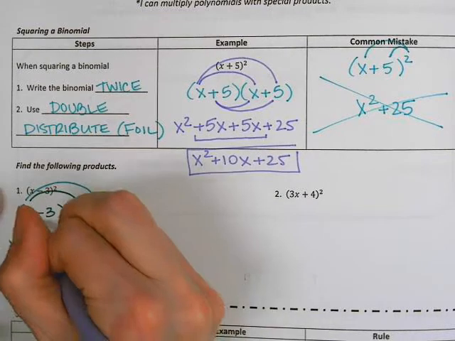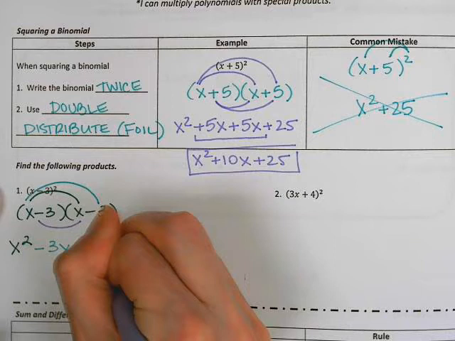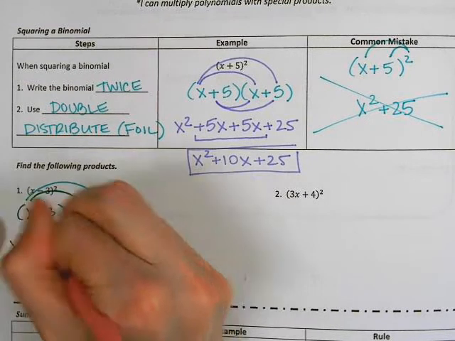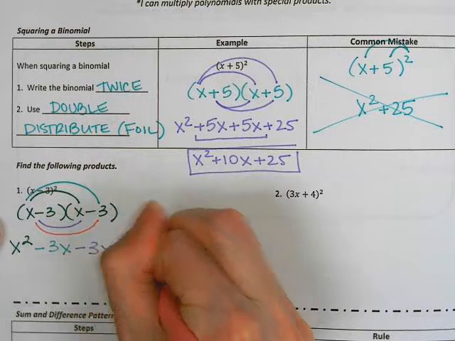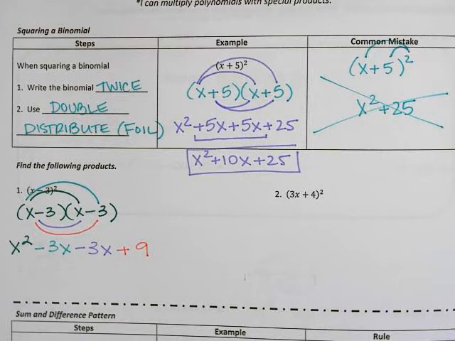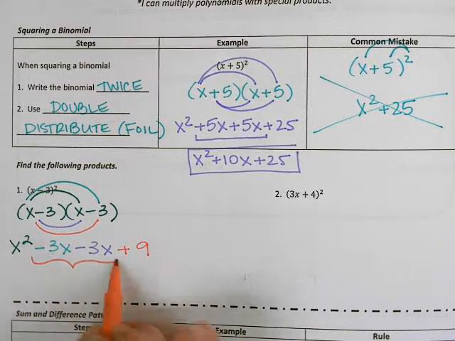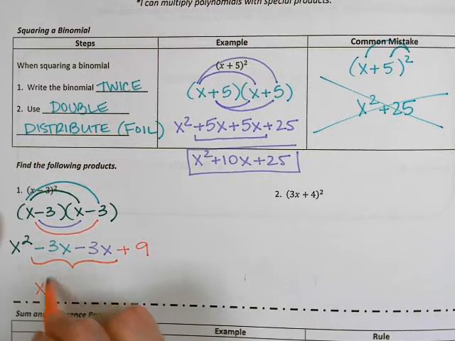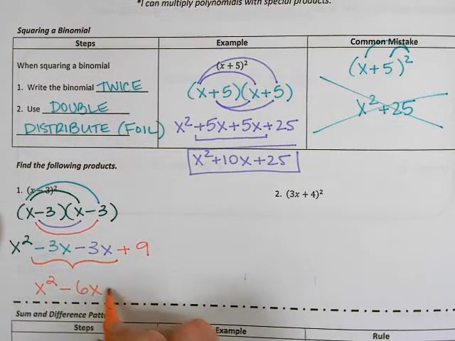And then negative 3 times x is negative 3x again. And then negative 3 times negative 3 is plus 9. Add like terms in the middle. Negative 3x and negative 3x is negative 6x. So it's x squared minus 6x plus 9.